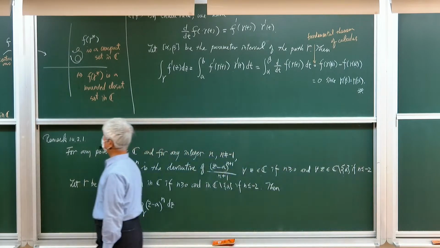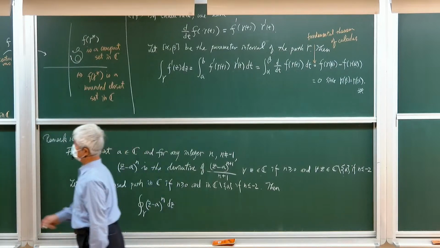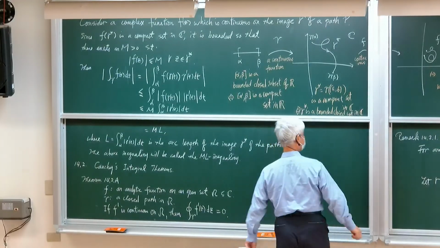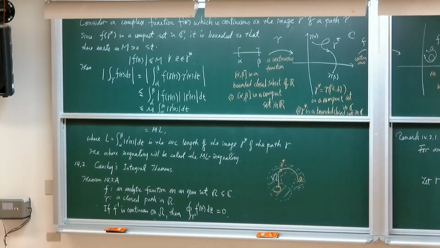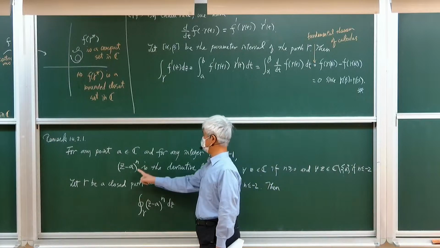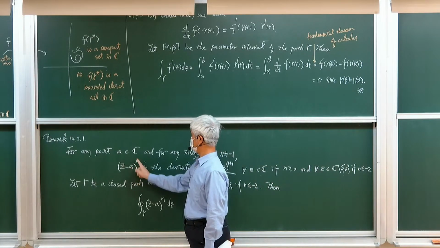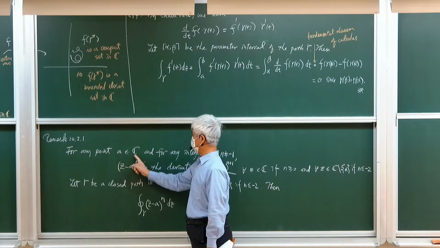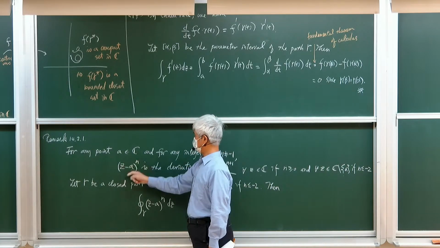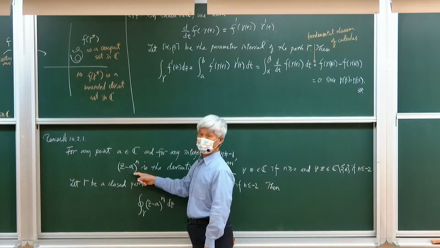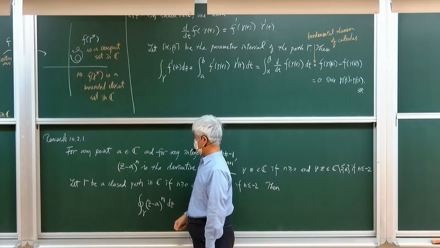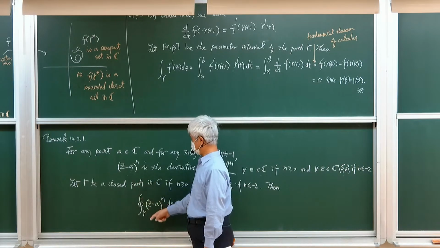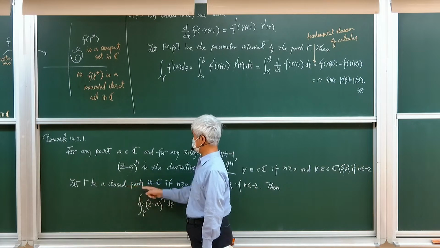And we can apply the theorem here. In that case, when n is greater than or equal to 0, this is a polynomial, so of course this derivative is a continuous function on the image of every closed path.